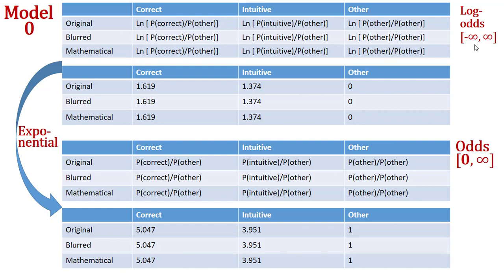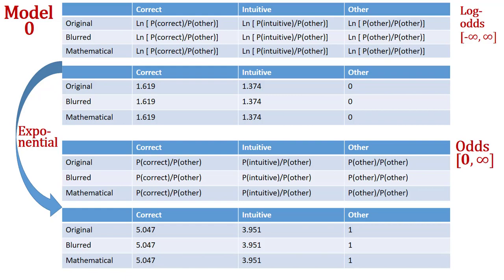So if we want to get a linear combination of independent variables, then we need to transform to log odds, which will transform things into a variable that ranges from minus infinity to infinity.